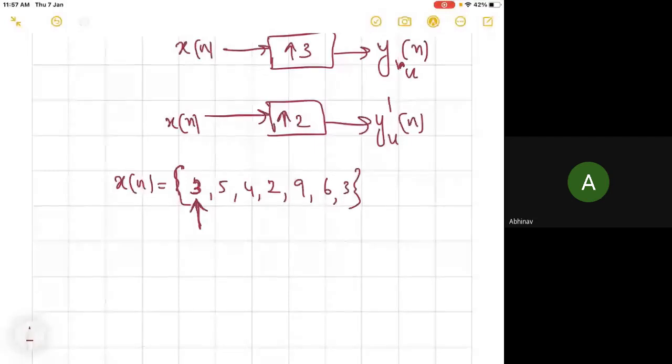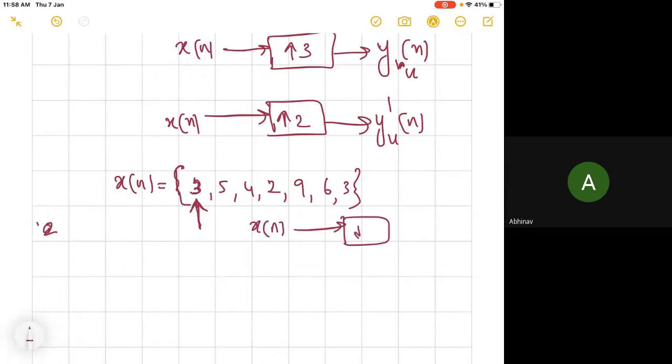Now suppose you downsample this by a factor of 2. x[n] is downsampled by a factor of 2. What happens? Suppose you get y_d[n]. Downsampling by a factor of 2 will change x[n].